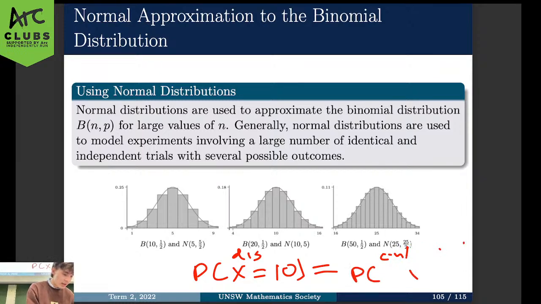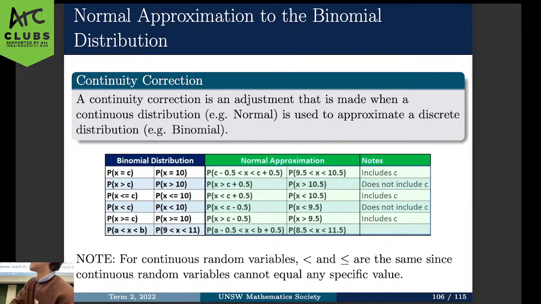So what that means is adding plus minus 0.5 on either side. And a list of general rules of thumb when it comes to applying the continuity correction is found in this table. And you can get these slides later on when we upload them to the website if you want to see this table in your own time.